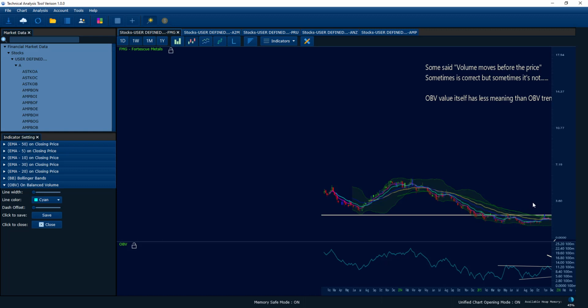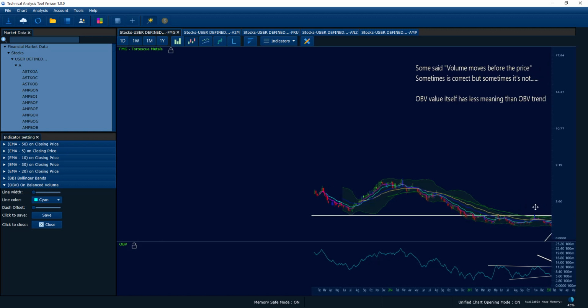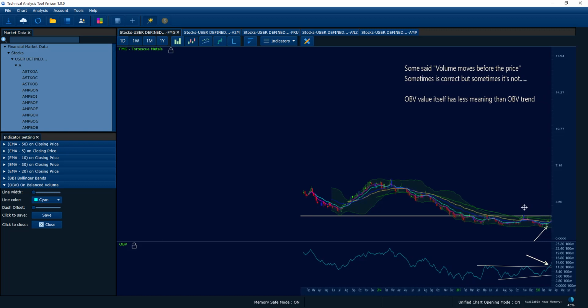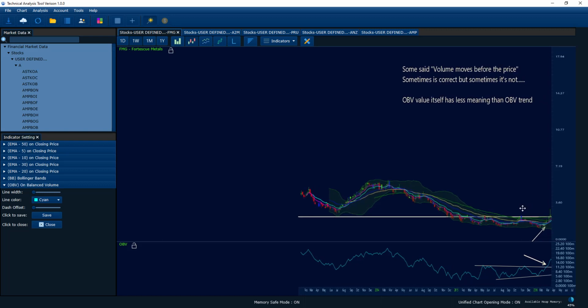Okay, so we hope this security can break above the resistance line. Some people chose to buy much later; you have to wait for the price to actually break up from that resistance line.